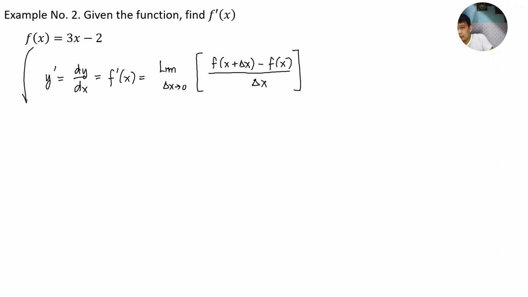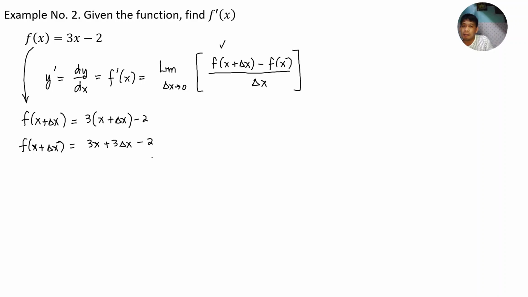Since f of x is equal to 3x minus 2, then f of x plus delta x, which is required by our formula, is equal to 3 times x plus delta x minus 2. Then f of x plus delta x is equal to 3x plus 3 delta x minus 2.